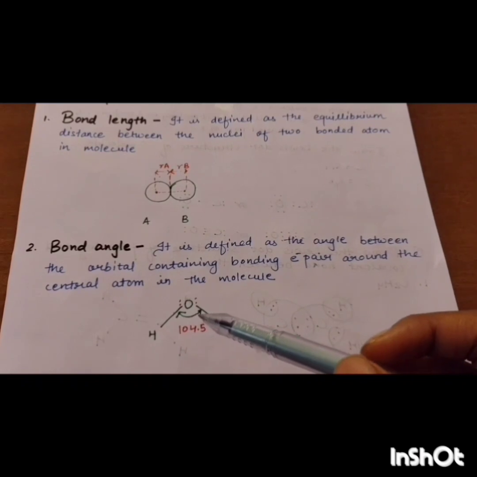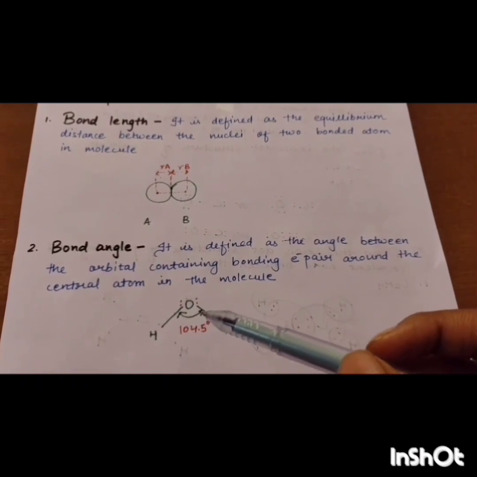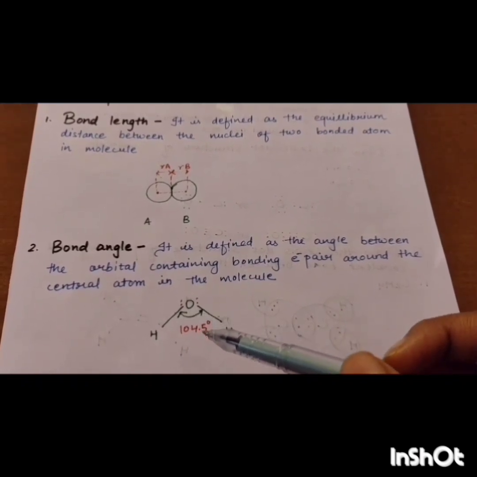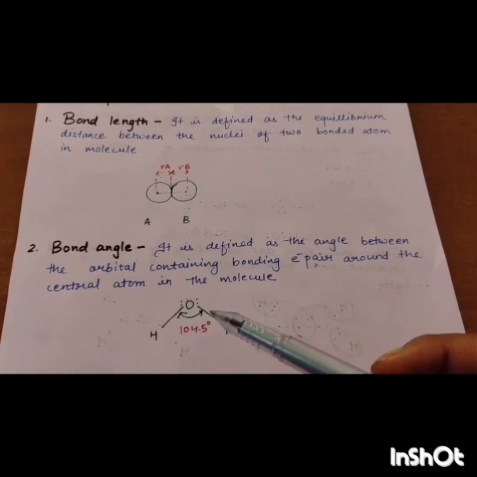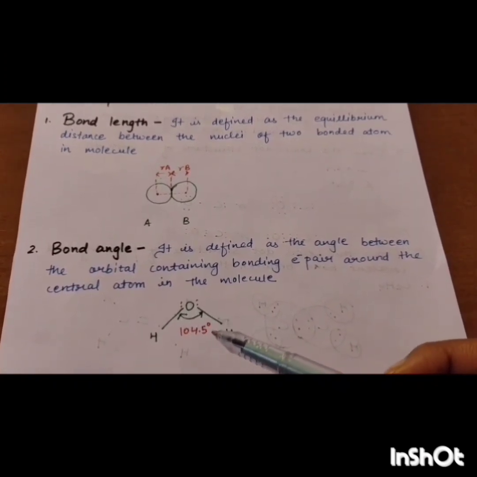So the angle between the bonding electron pairs is known as bond angle. In the case of a water molecule, the bond angle is 104.5 degrees.